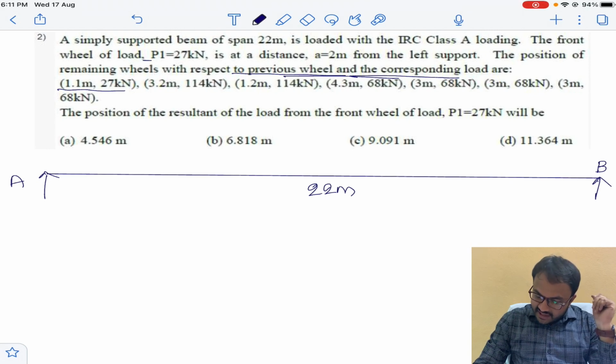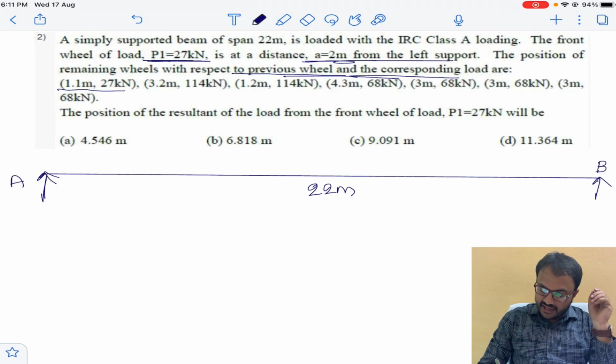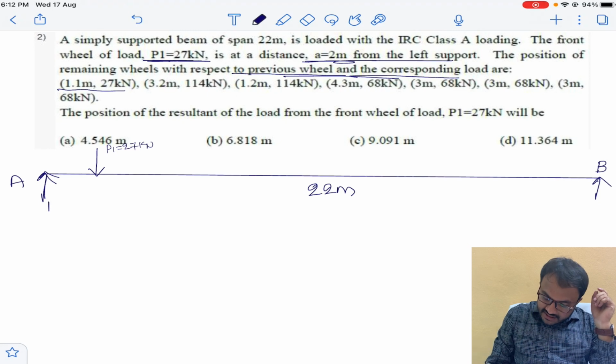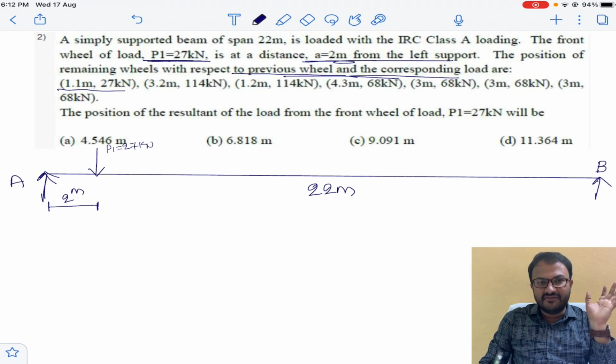And he has given load P1, that is 27 kilonewton, at a distance 2 meters from the left support. This is left support A. So there is a load here, P1 equal to 27 kilonewton, and the distance between the left support and P1 is 2 meters. That is the information he has given.